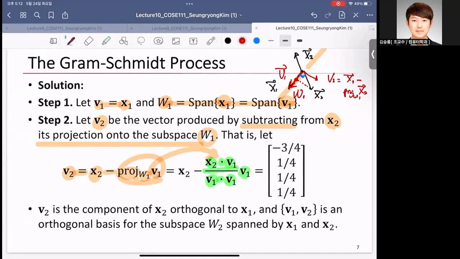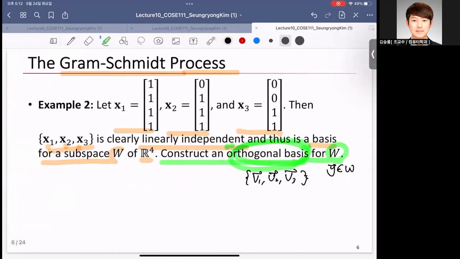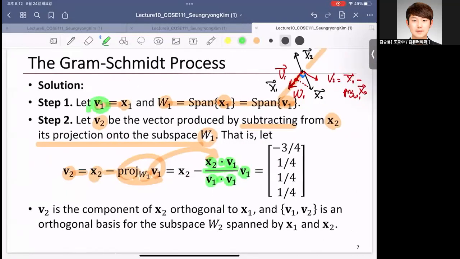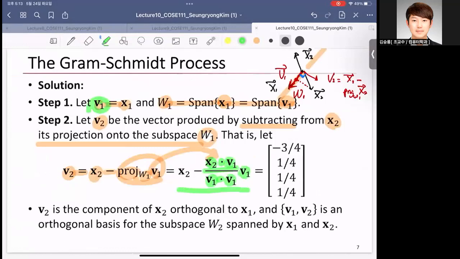We already know x1 and x2. x2 was (0, 1, 1, 1), and we already know v1 was x1, (1, 1, 1, 1), right? Then you can easily compute x2 minus this projection.